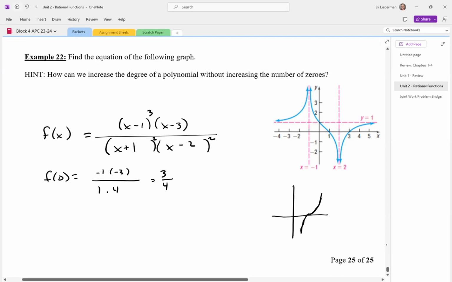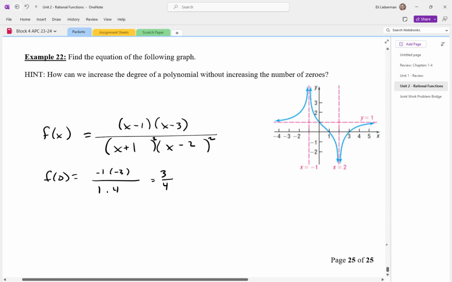The hint: including that three was a good way of increasing the degree without increasing the number of zeros, but there's got to be another way. How do you increase the degree of a polynomial without increasing the number of zeros? There might be some imaginary zeros, right?